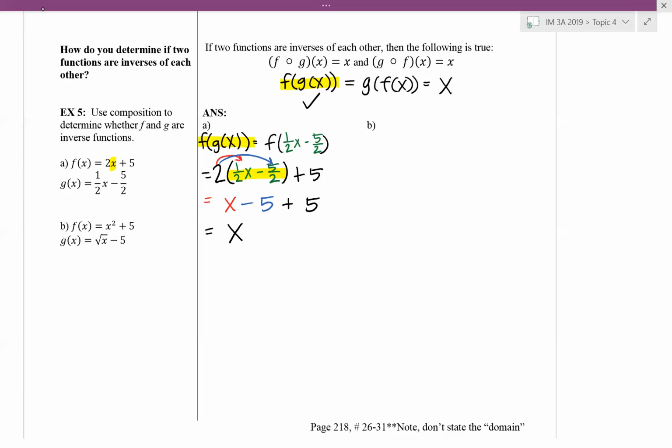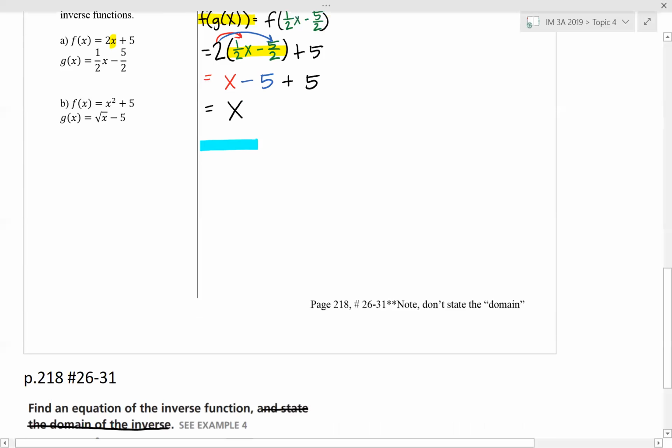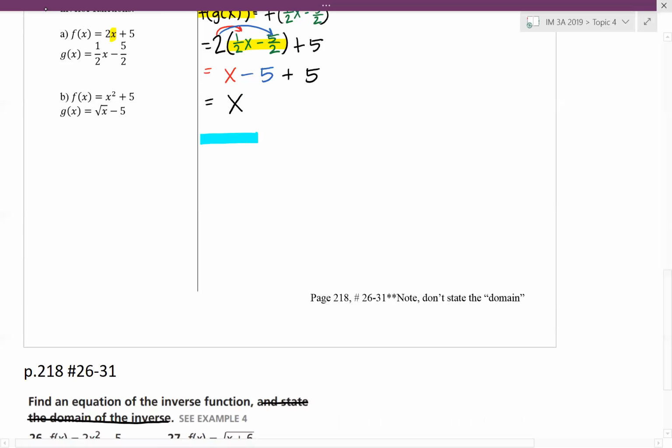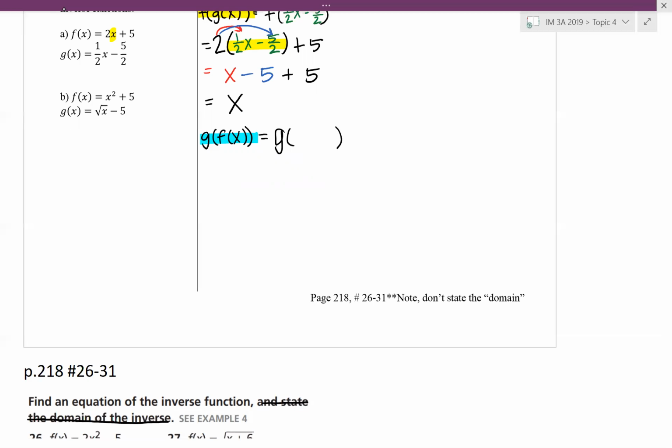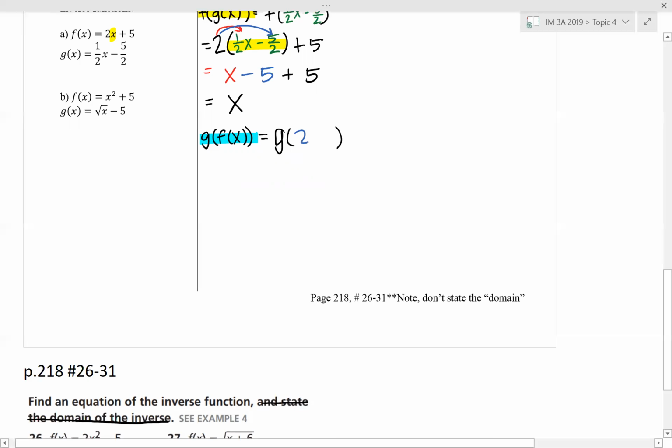The second condition is that g of f of x needs to be equal to x. So I want to check now if the second condition is true. If I do the reverse composition, if I compose f into g, so I'm going to evaluate g at f when f is 2x plus 5.